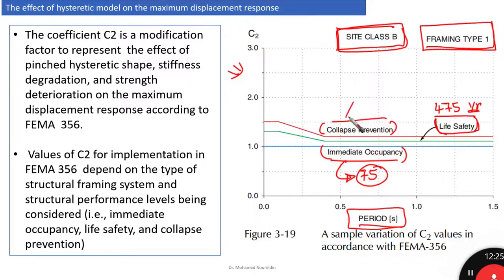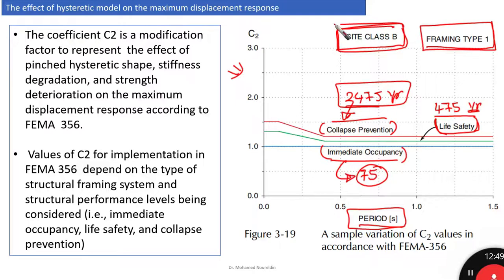And collapse prevention is a 2475 year return period. This means that the earthquake intensity increases with the increase of the return period. And we have 3 different lines here, corresponding to 3 different levels of earthquakes.